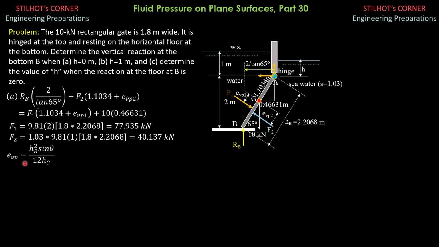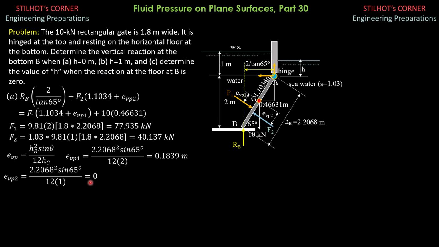So for EVP1, which is fixed in this case, it is 2.2068 squared sine of 65 degrees over 12 times 2, and that is 0.1839 meter. EVP2 is the same, 2.2068 squared sine 65 over 12 times 1, and that is equal to 0.36781 meter.